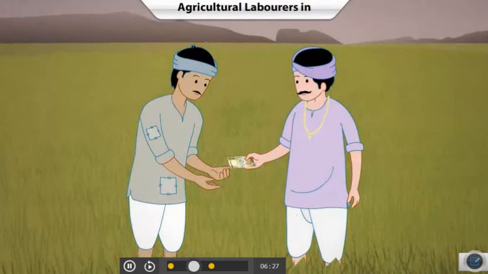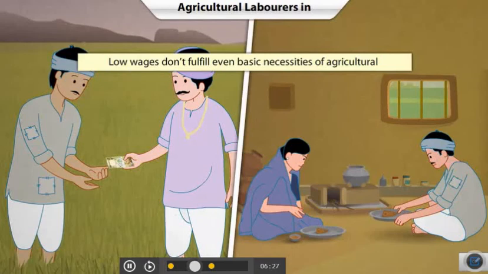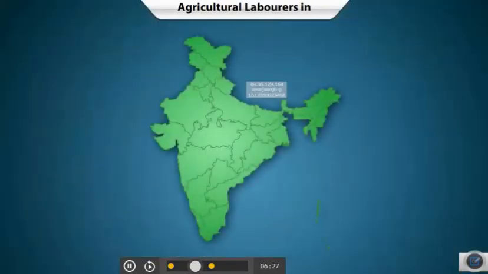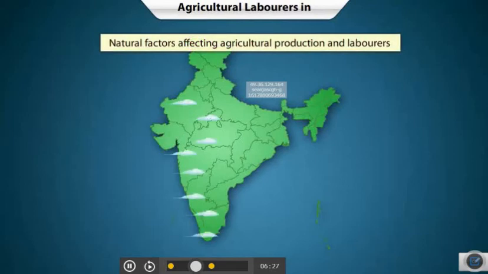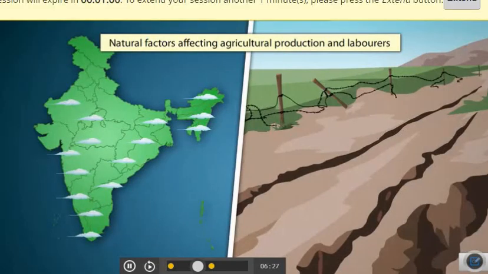Most of them receive very low wages, which doesn't even fulfill their basic requirements. Besides, natural factors such as unpredictability of monsoons and other adverse weather conditions affect their agricultural production.